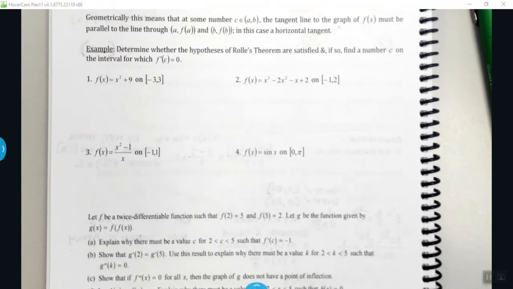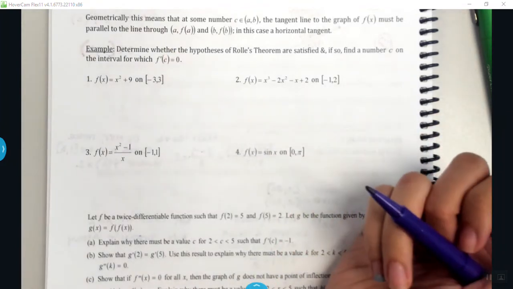Okay, you do not have to use or say Rolle's Theorem. If you want to boycott Rolle's Theorem, you can just say by MVT. But if you want to accept Rolle's into your heart, then you can say by Rolle's Theorem.